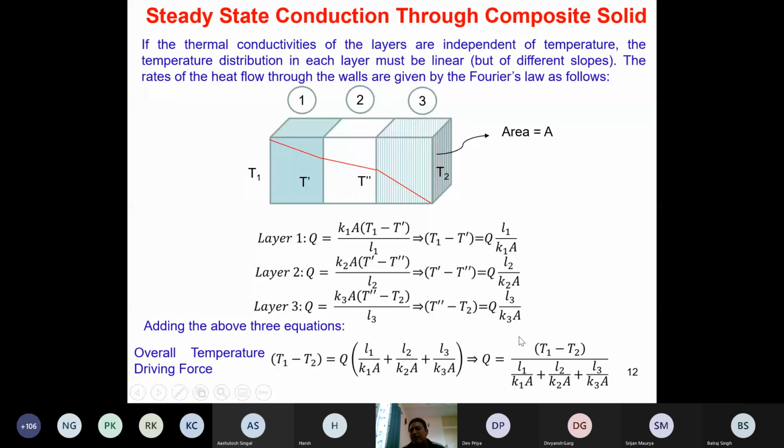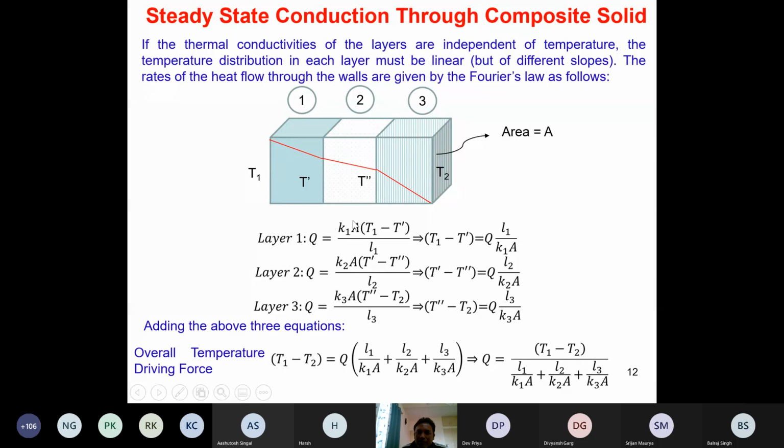Now, what is the total resistance? It is the resistance in the first layer plus the resistance in the second layer plus the resistance in the third layer. From the first equation, the resistance is L1 divided by K1A, and the driving force is T1 minus T dash.